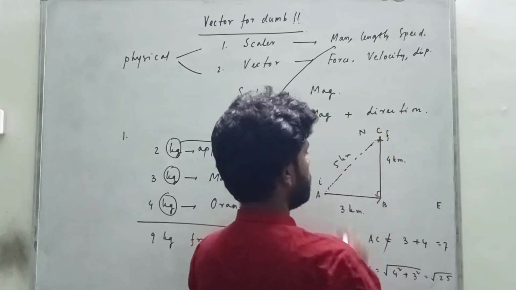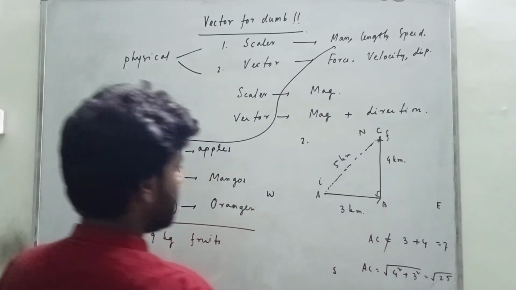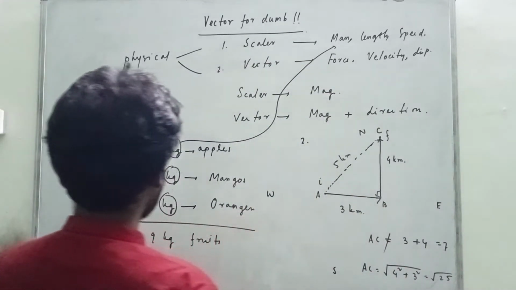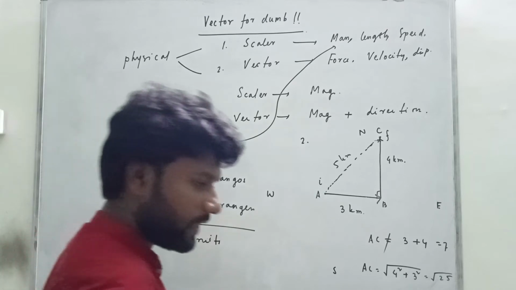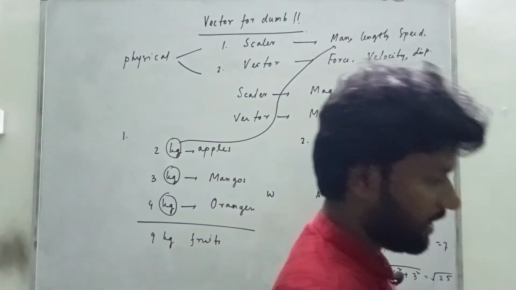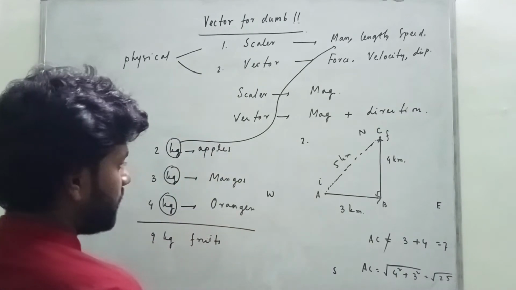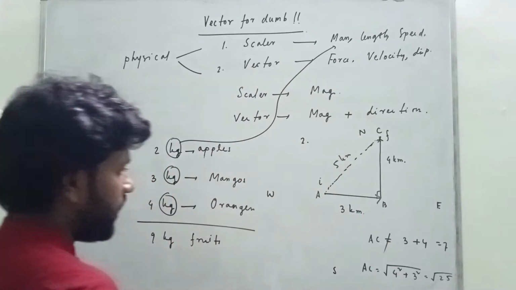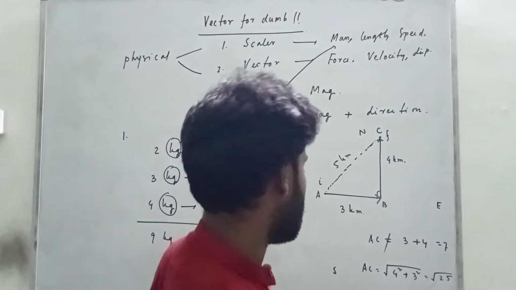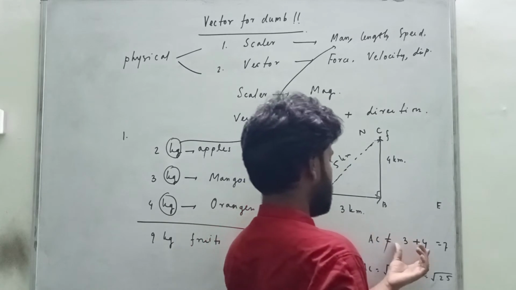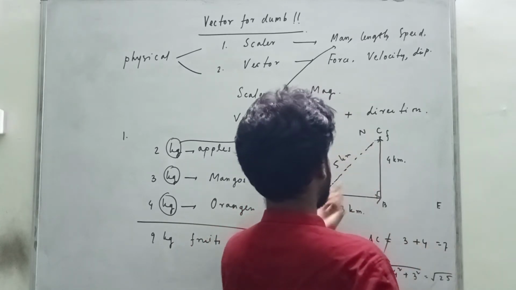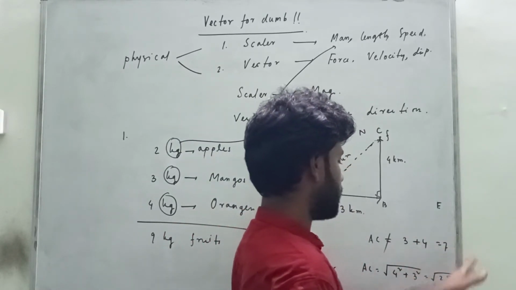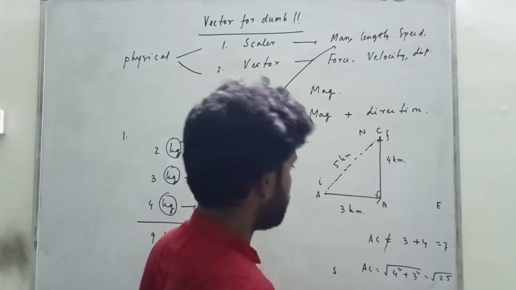A to B and B to C are vector quantities. So the difference from scalar to vector is that scalar quantities follow our normal classical algebra, while vector quantities don't follow our class 3-4 algebra. So AC is not 7 kilometers, it is just 5 kilometers.